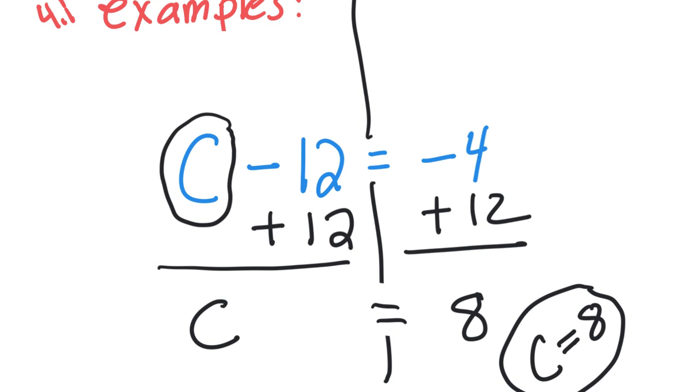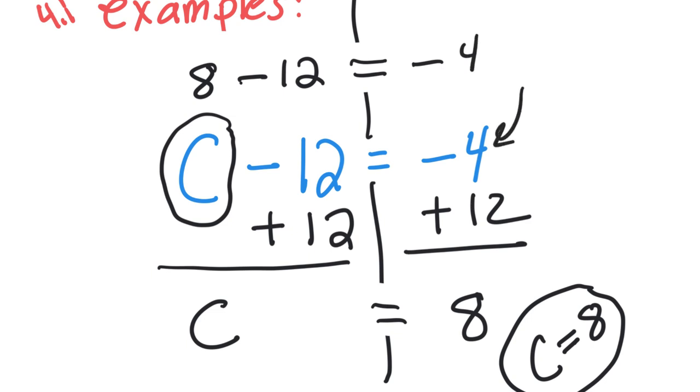I'm going to check it by bringing 8 up here to C. Change C to 8 minus 12. And I'm going to ask myself, what does 8 minus 12 equal? That equals negative 4, which is what I have here. So it checks out.